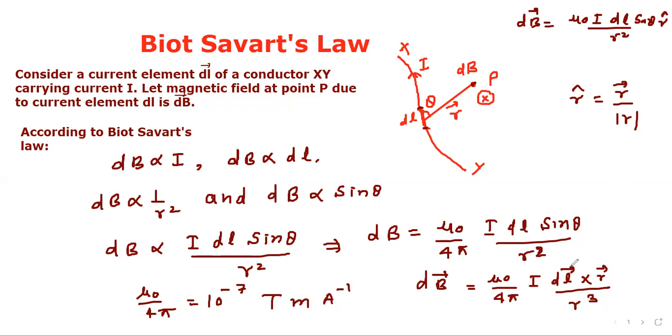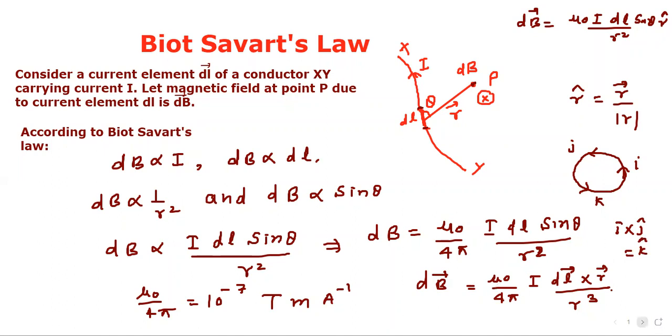And the direction of the magnetic field can be found by using the law of cross product, like i, j, k. If dl is along i cap and suppose R is along j cap, then i cross j will give k cap, which will be the direction of the magnetic field.